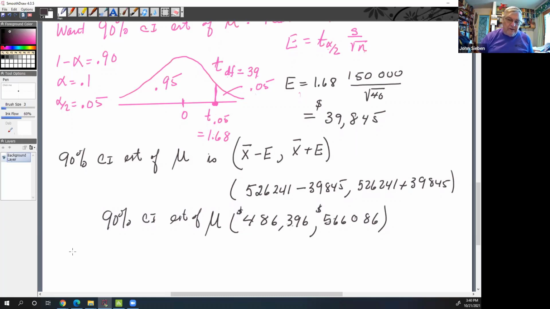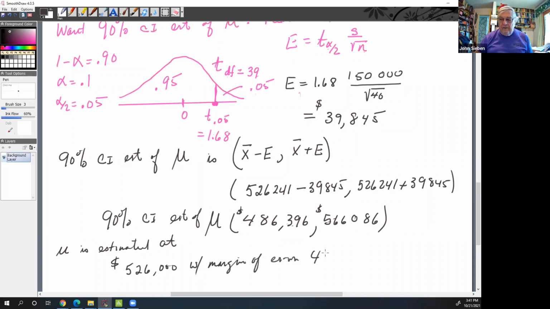Or a pollster might say that mu is estimated at $526,000, and a pollster would probably drop the 241, with margin of error $40,000.